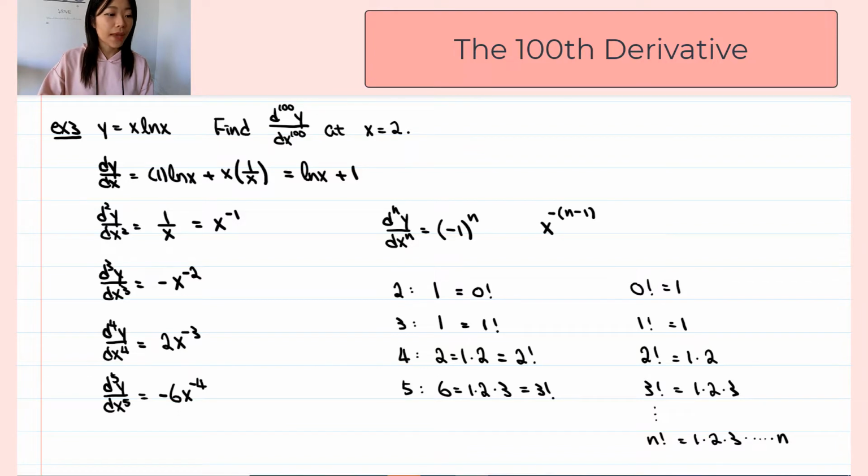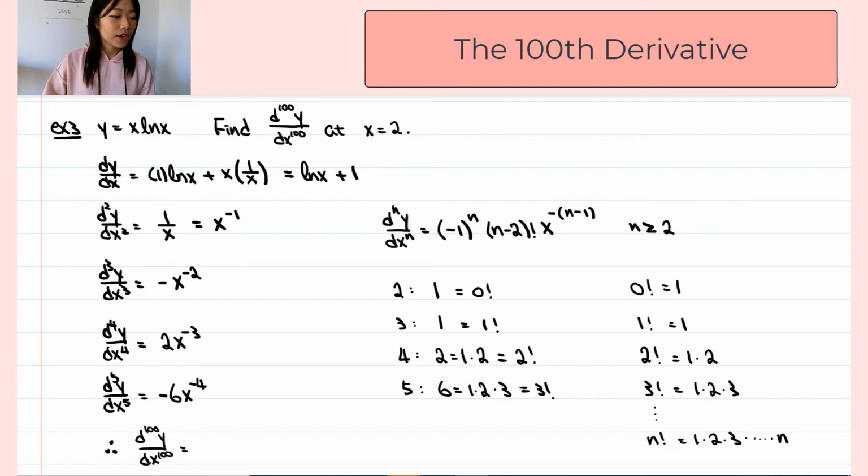Now we can put the constant back. So for the nth derivative, the constant in front of x is n minus 2 factorial. And this is only true for n greater than or equal to 2. Now let's use this formula to write down the 100th derivative. The sign in front, since n is an even number, 100 is an even number, so we'll have positive.